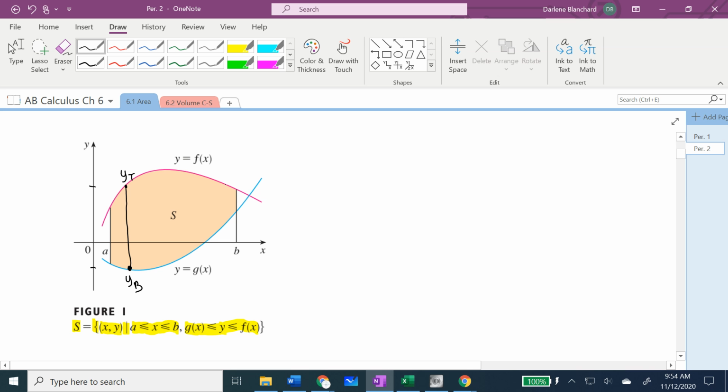If I go over here and I look at this vertical distance, y is maybe 5.2 for the top. On the bottom, say y is 2.3. You're going to take that 5.2 and subtract the 2.3 to get this positive distance.